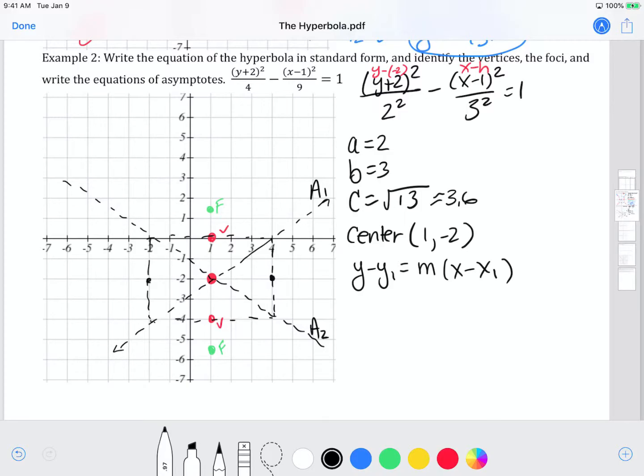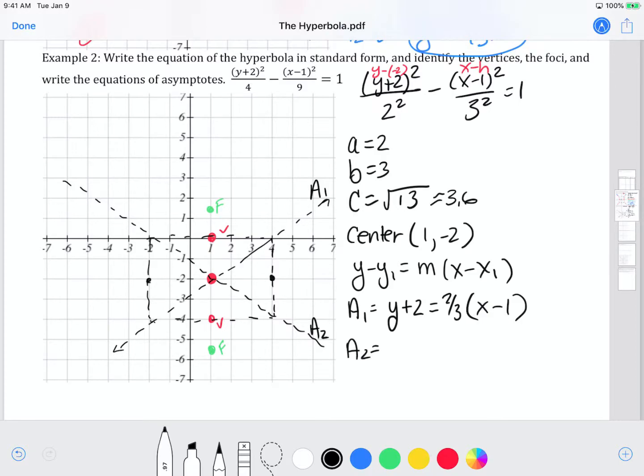So my slope for asymptote 1 is going to be 2/3 positive. So I have y minus a negative 2, which gives me y + 2, is equal to 2/3, which is my slope, times (x − 1). So there's my equation for my first asymptote. Now if I want to put that in y = mx + b form, all I would have to do is distribute the 2/3 and subtract 2 from both sides.